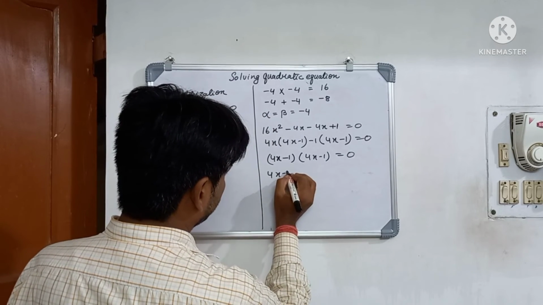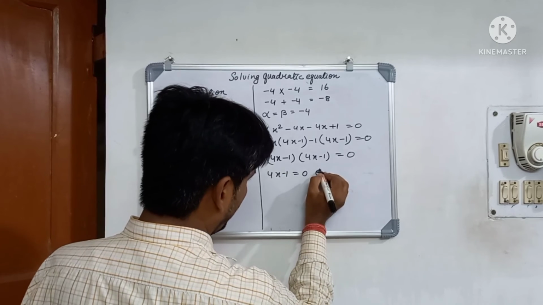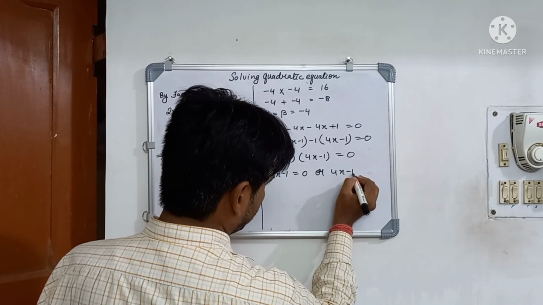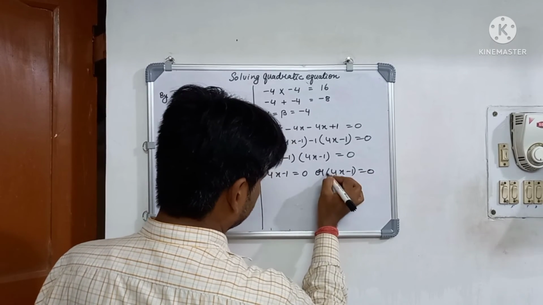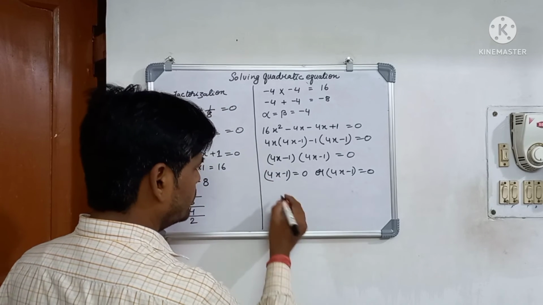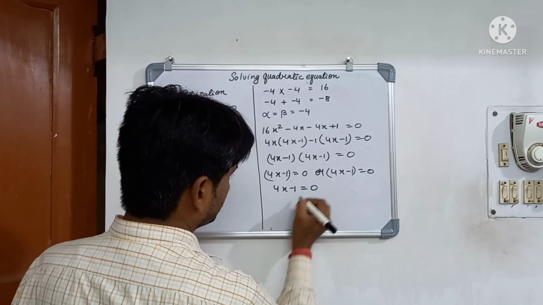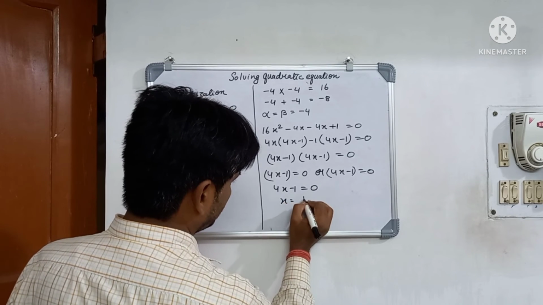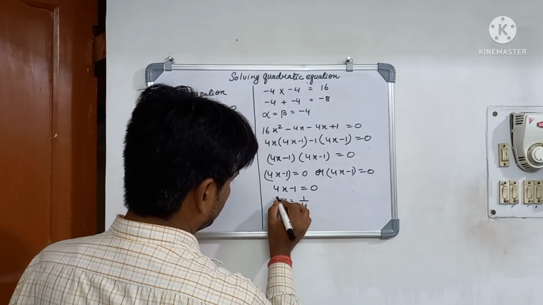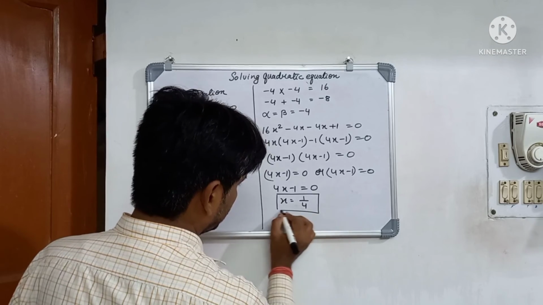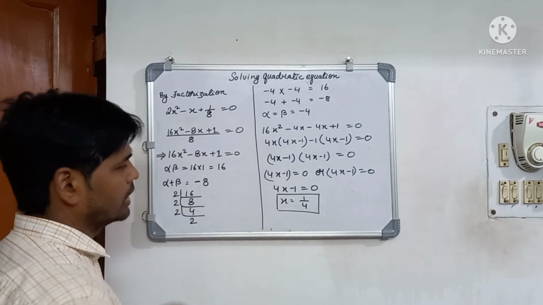Writing again 4x minus 1 is equal to 0 or 4x minus 1 is equal to 0. Further, if I say 4x minus 1 is equal to 0, then x is equal to 1 upon 4. So this is going to be the solution for the given equation.